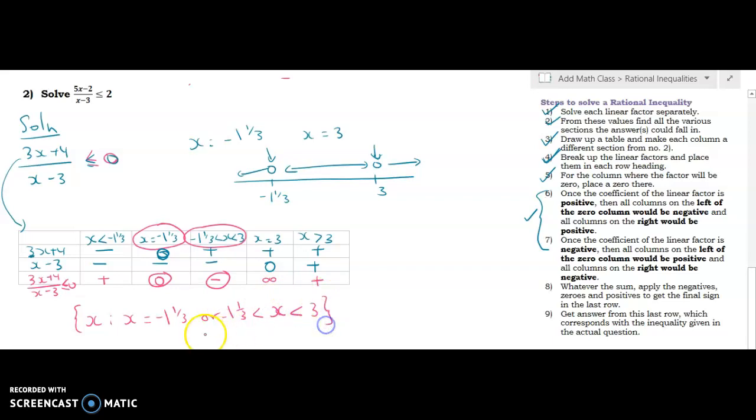Or I could write it in one: x is between and equal to minus 1 1/3 here and 3 here, without the equal sign on this side. So that, everyone, takes me to the end of my second sum.